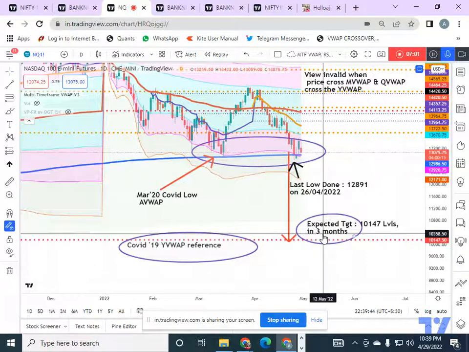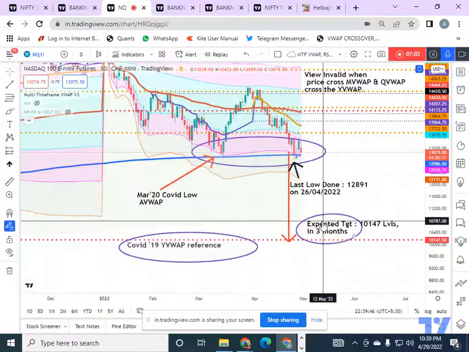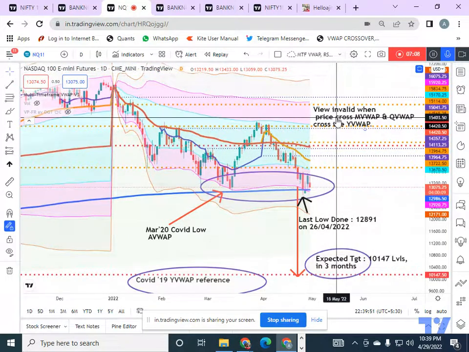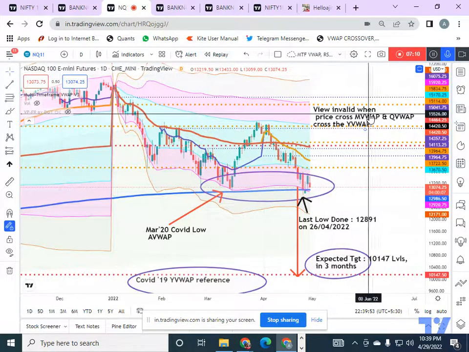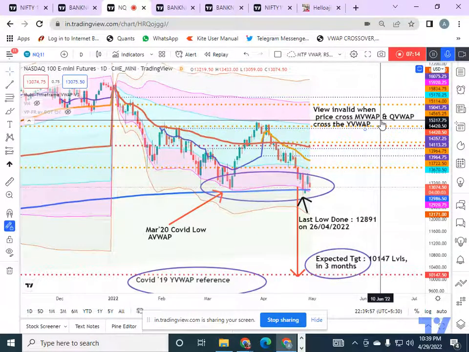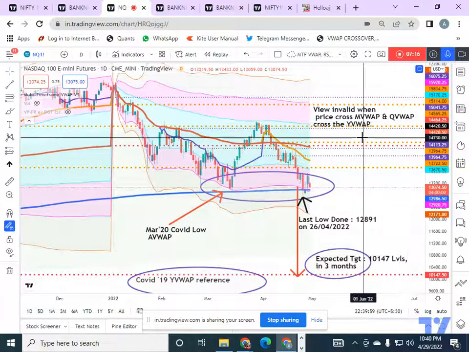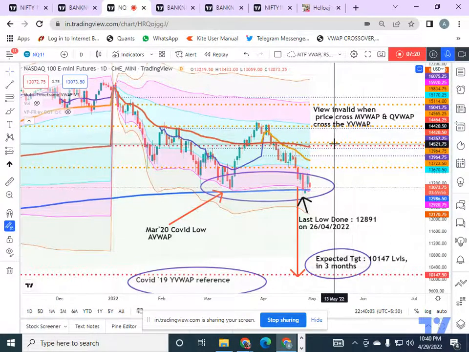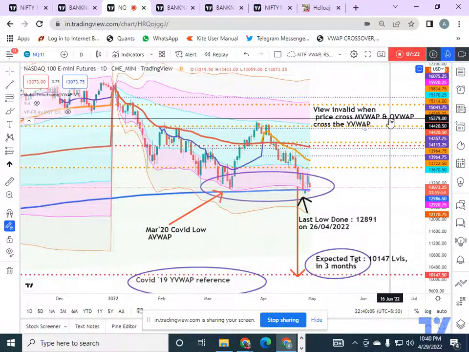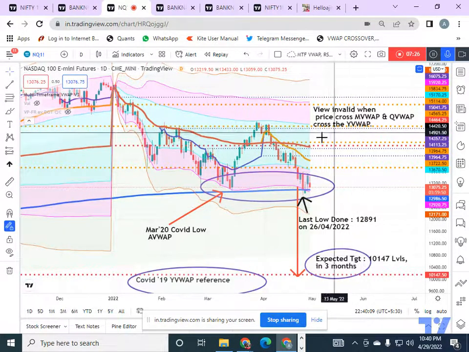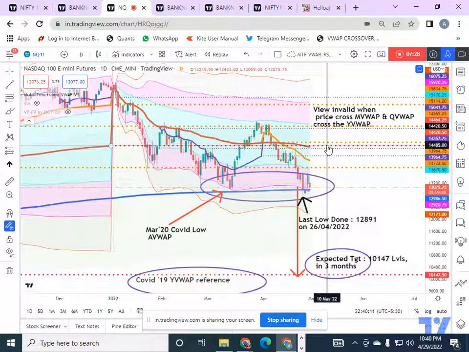If fundamentally nothing changes. The view will be invalid when price crosses the monthly VWAP and the quarterly VWAP crosses the yearly VWAP. Whenever both of these VWAPs cross above the yearly VWAP, the view is invalid.